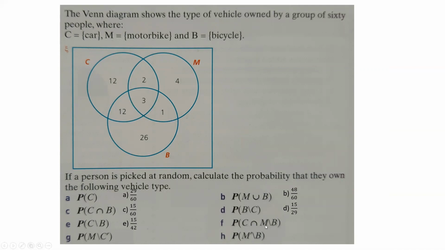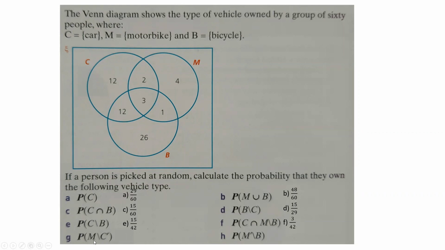C intersect with M given B. So we also focus on B, and then I want to know the ones in C intersect with M. From here, C intersect with M is only 3. Actually 2 and 3, but because we only consider inside B, the answer is only 3 here. 3 belongs to C intersect with M. So that means 3 out of 42.